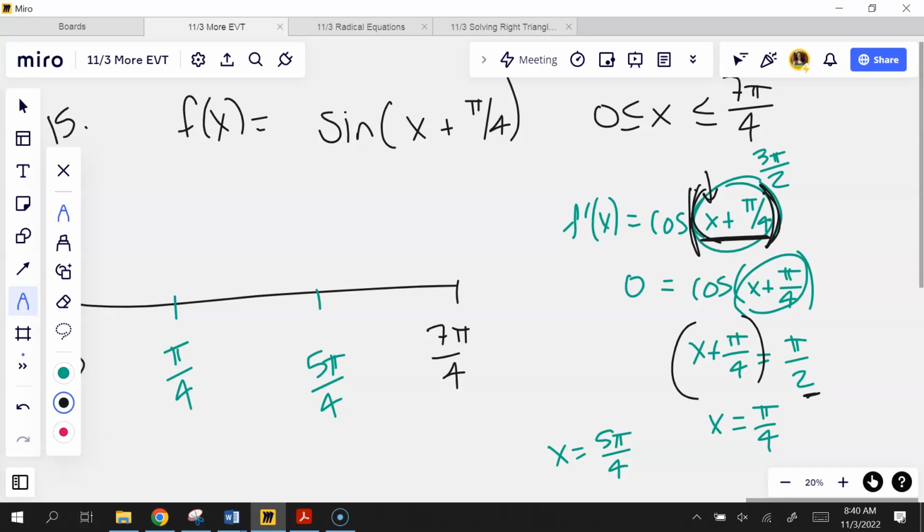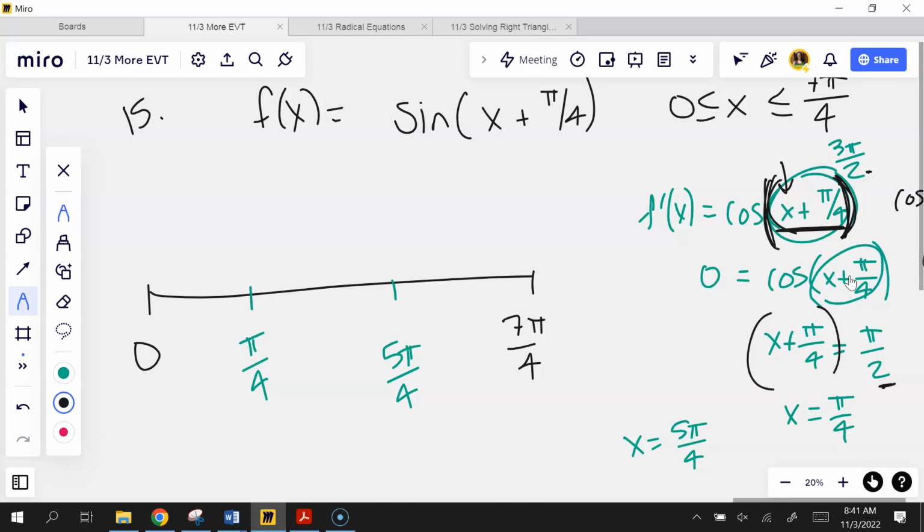And then what would I need to plug in for x in order for this parentheses to be 3 pi over 2? Because cosine of 3 pi over 2 is 0, and cosine of pi over 2 is 0. So I had to figure out what would x need to be to make that happen, because those are the only 2 places it happens. All right, so I have my zeros.